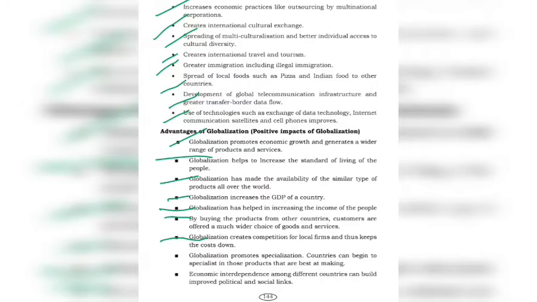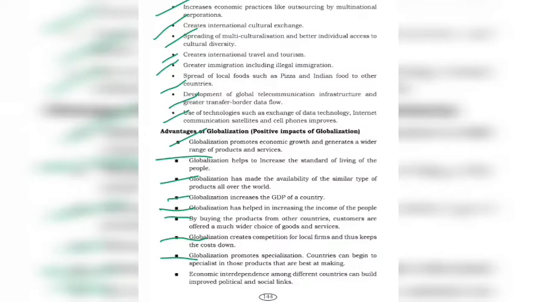Okay. So the next point is globalization promotes specialization. Countries can begin to specialize in those products that they are best at making. As we came to study, globalization is promoting exports and imports. So countries came to know in which product or aspect they are good at, and they have started creating more and more of that product.